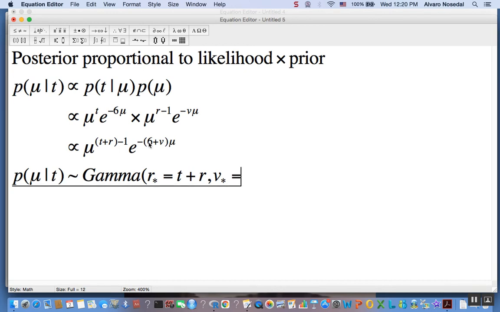Note that in this case 6 happens to be the number of observations in your sample.